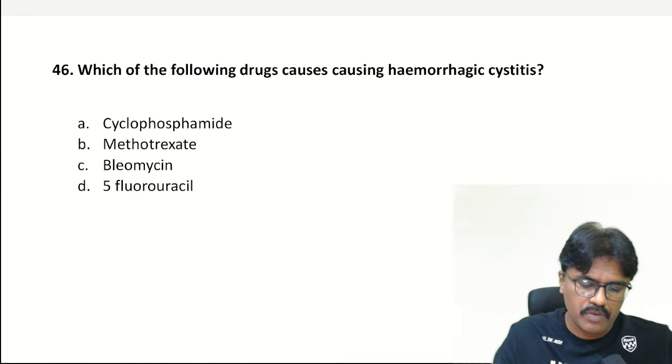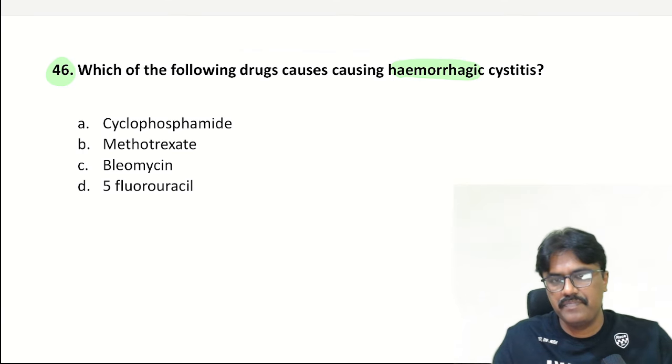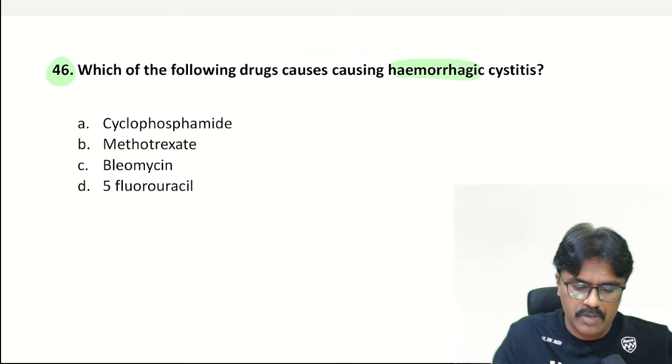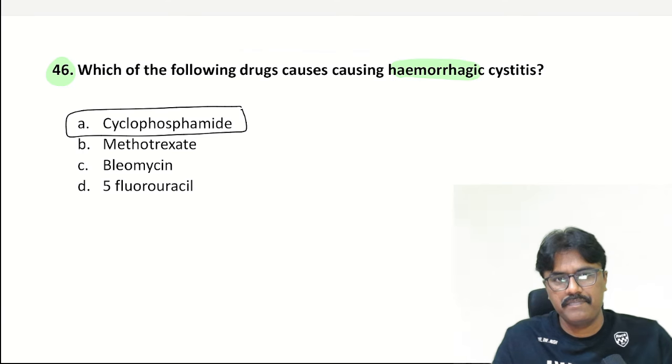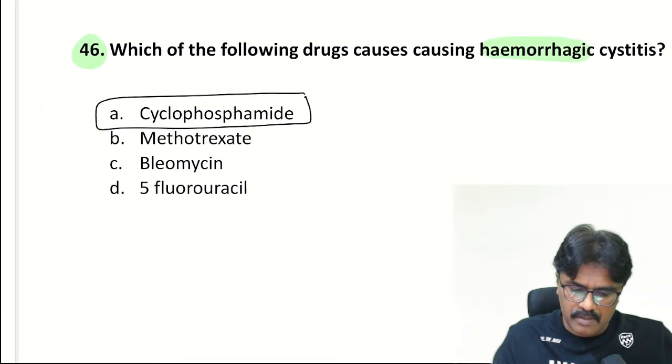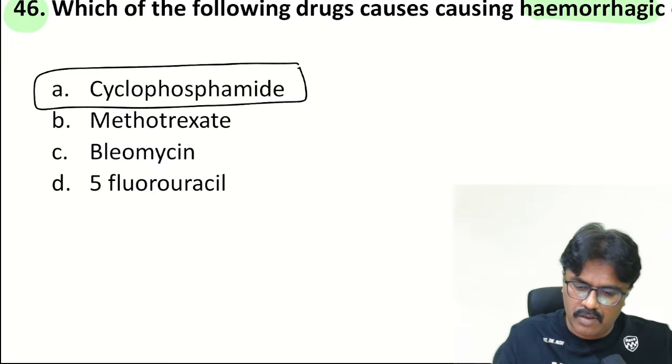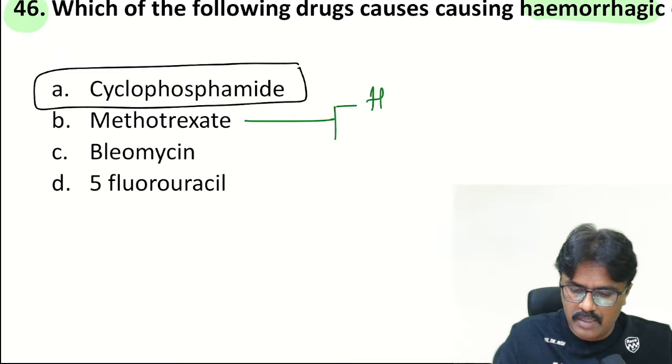Let's move to question number 46. Which of the following drugs causes hemorrhagic cystitis? The drug which causes hemorrhagic cystitis is option A, cyclophosphamide. Now bleomycin, methotrexate, what is the common problem? Let us tell you. Methotrexate can cause hepatotoxicity.